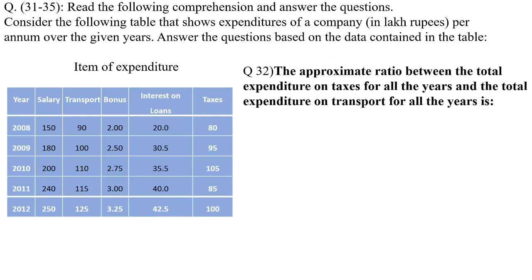Question number 32: the approximate ratio between the total expenditure on taxes for all years and the total expenditure on transport for all the years. So you have to take out the ratios. Here you will see the taxes and the transport. So taxes upon transport, right?